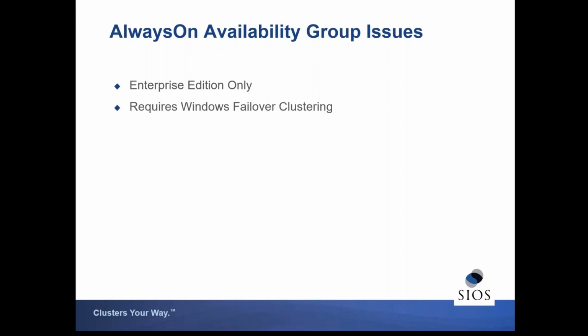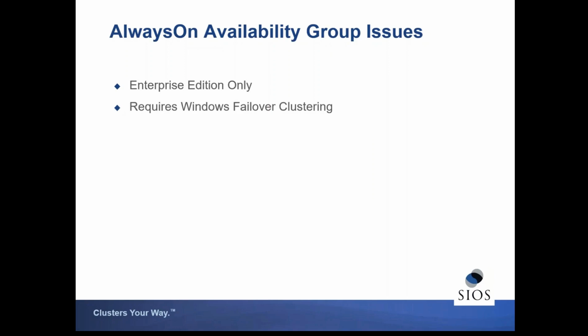You still cannot upgrade the OS of the boxes that are running the Windows cluster. Someday we may get that, but not today. So whatever version of Windows you're running when you put your Windows cluster or your availability group cluster into production, that's the version you're going to be running for pretty much ever at this point.